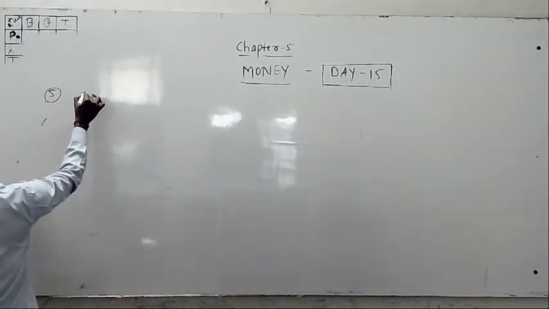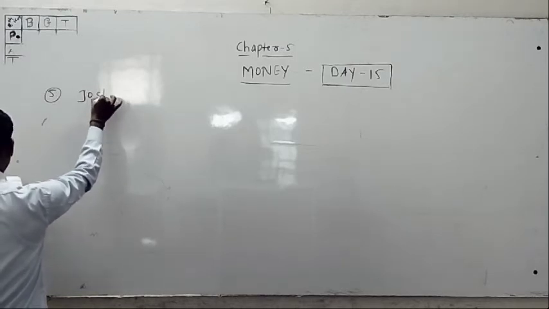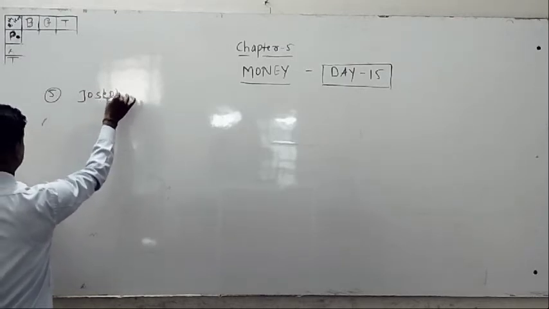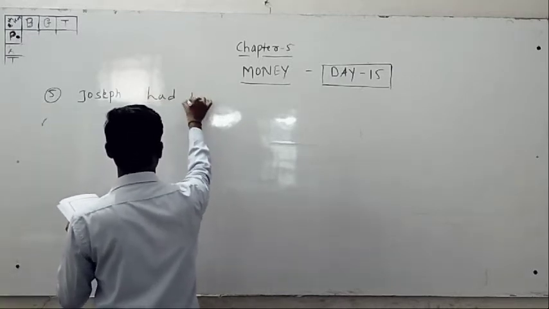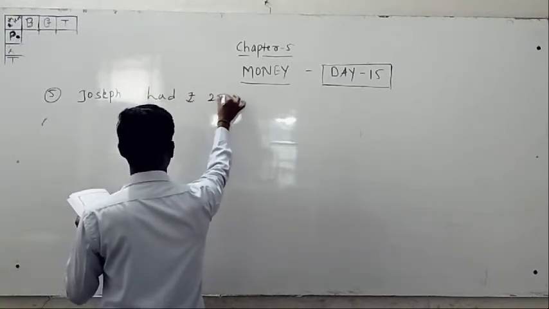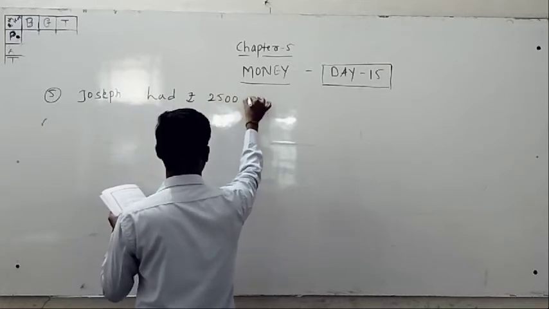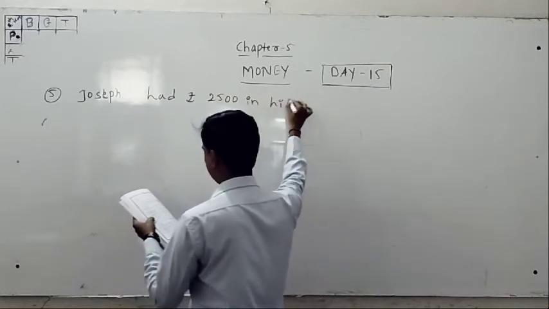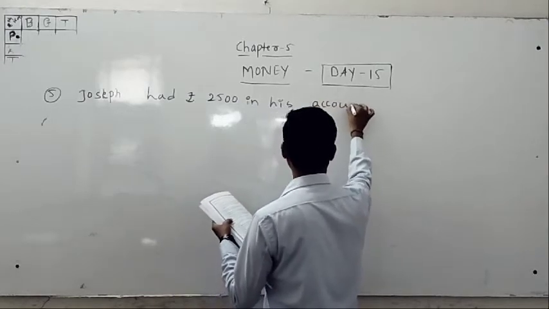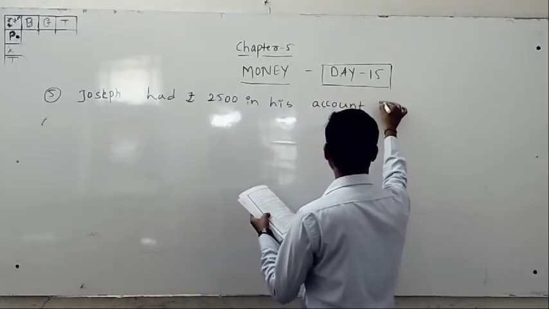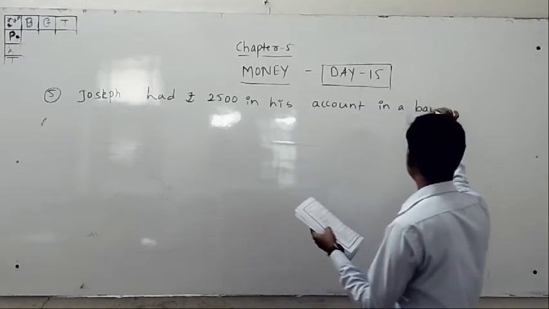Fifth one, Joseph had rupees 2,500 in his account in a bank.